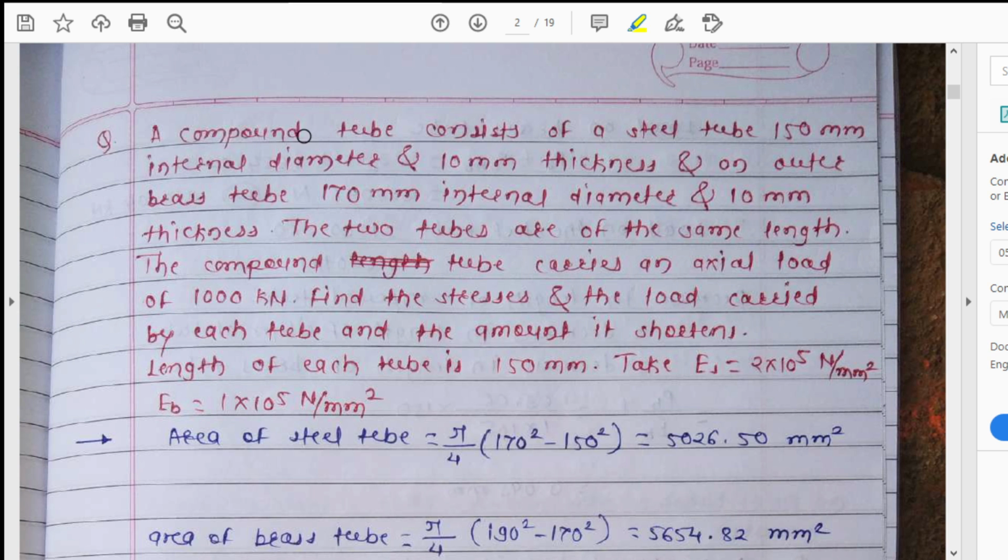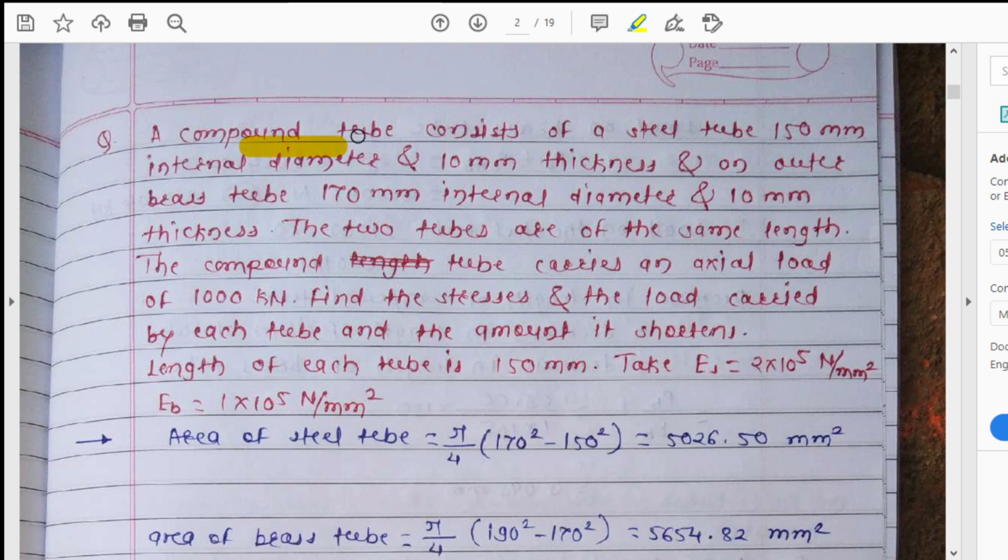Now here, a compound tube consists of a steel tube, 150 mm internal diameter and 10 mm thickness, and an outer brass tube, 170 mm internal diameter and 10 mm thickness.